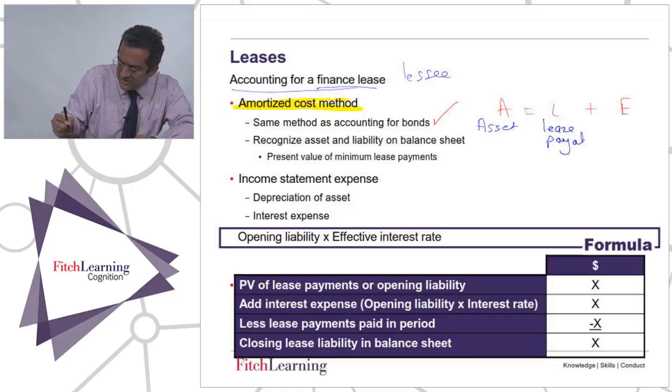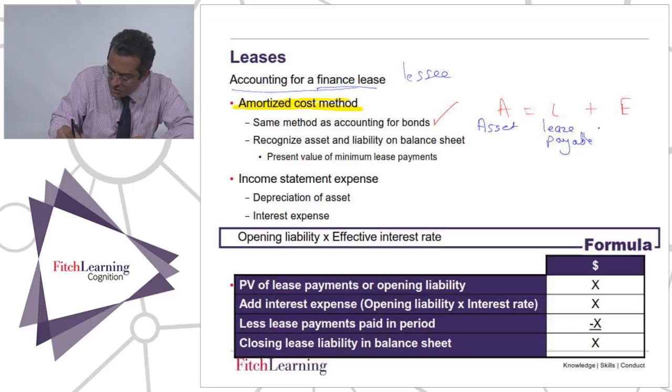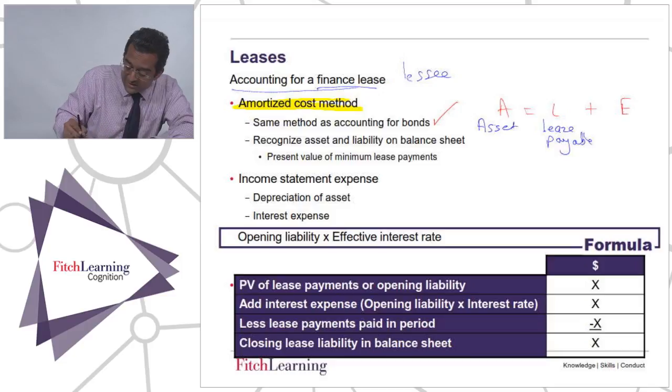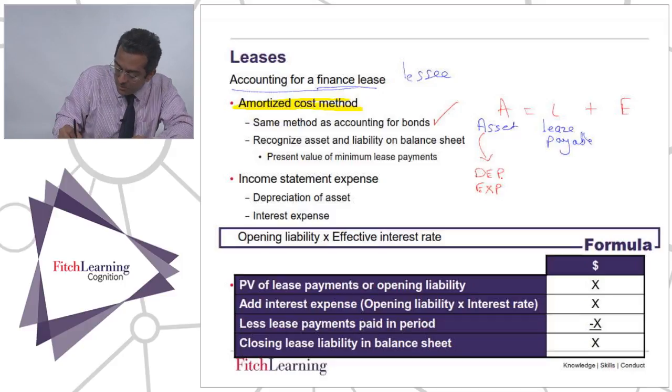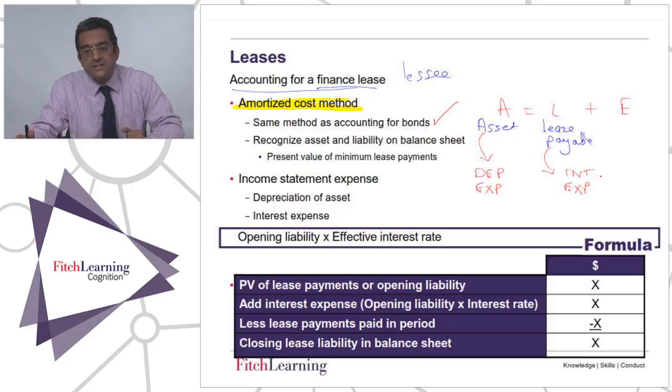Okay, so asset and lease payable both are on the balance sheet, but the asset, like all assets, typically, guys, which are long-lived, will create depreciation expenses. So if I just put here, note here, depreciation expense comes from the asset, whereas the lease payable will generate interest. Like any debt instrument, you have interest generated on the debt.